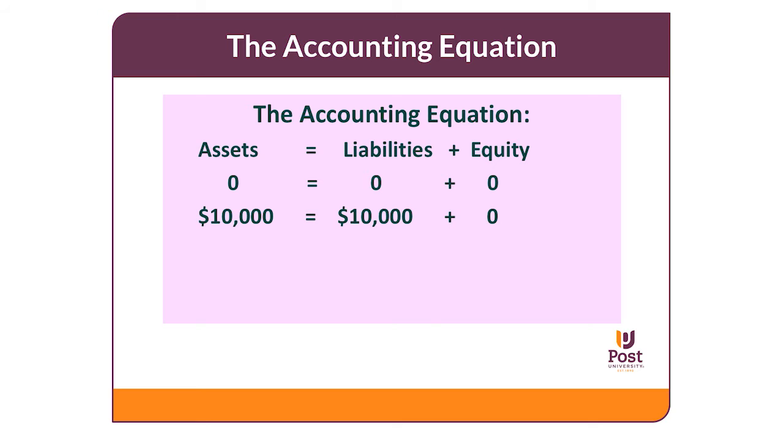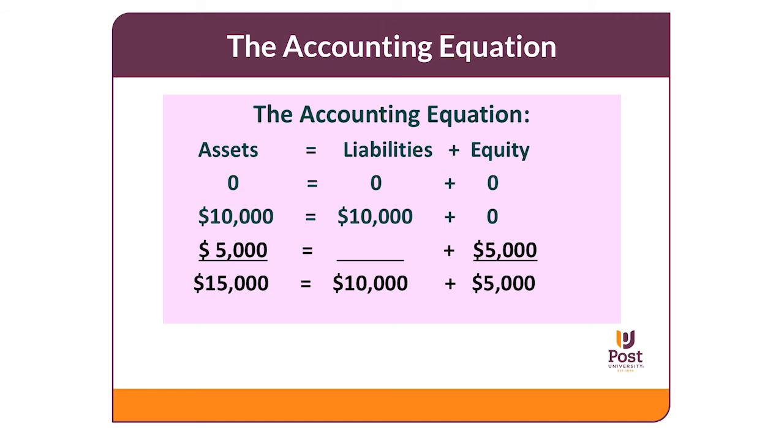Let's do a second transaction. Now, if I had personally invested $5,000 into the business from my personal bank account to buy stock in the business, I would now have $5,000 equity in the business. I show that as an increase in assets, because I got $5,000 more cash, and an increase in equity.